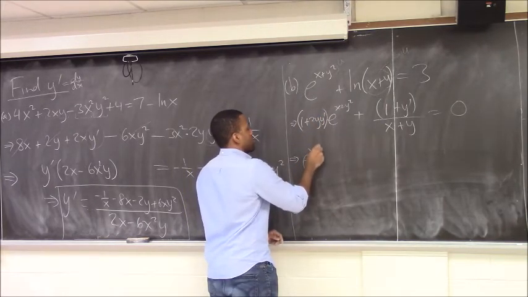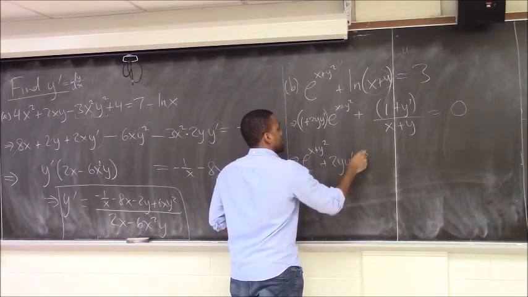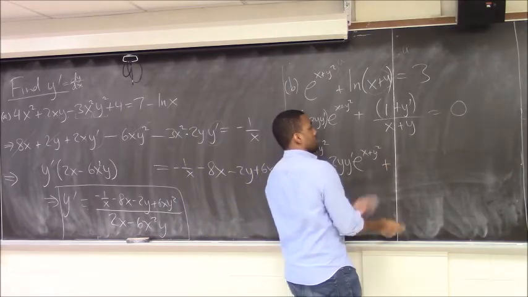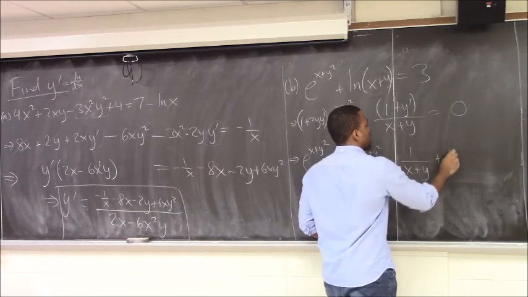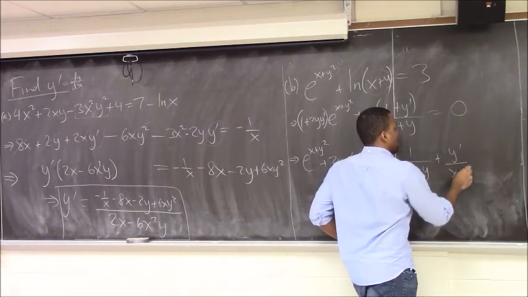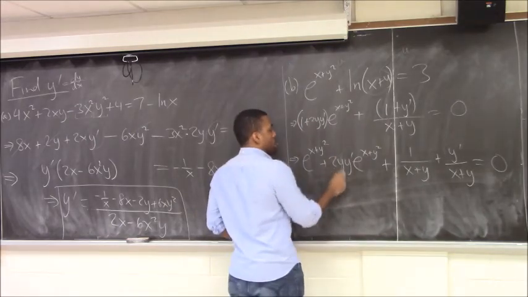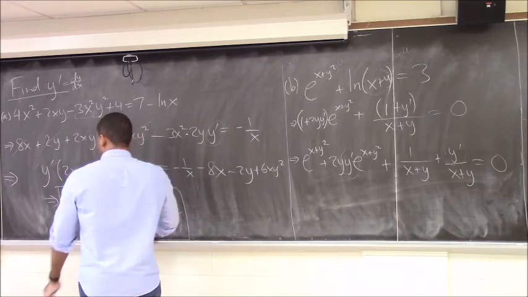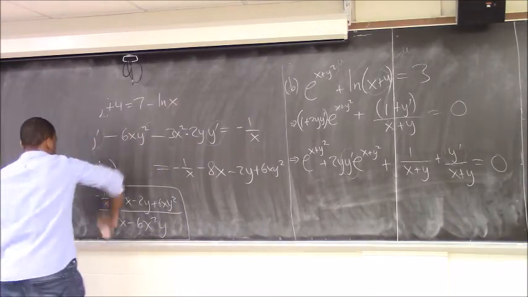This is e to the x plus y squared plus 2y prime times e to the x plus y squared plus, here I have a fraction, but we can split fractions across the numerator, so I can split that up into this stuff. Now I have my y prime terms isolated. How do I solve for them? Algebra is how to solve for them.